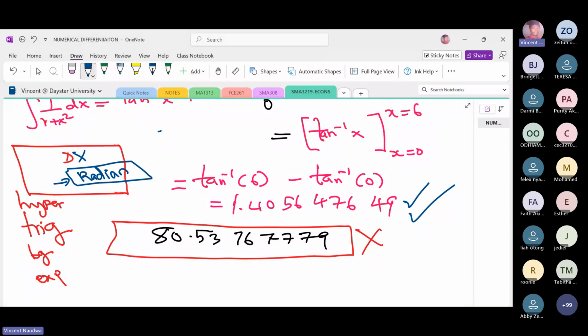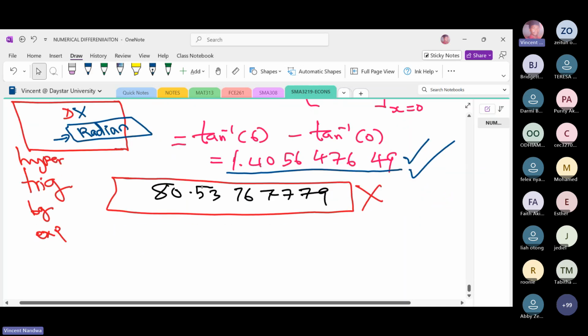Therefore I need not waste time calculating errors. You can easily calculate the errors now. You'll pick this exact answer we have and subtract from each of the answers we have gotten in parts A, B, and C. Remember, by default, when we say error, we imply absolute error.